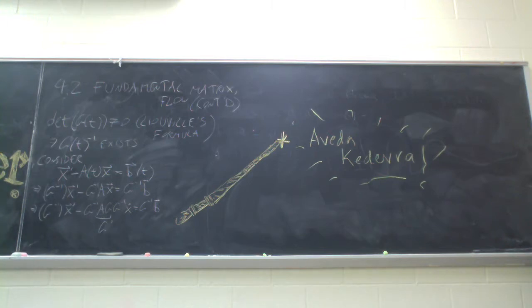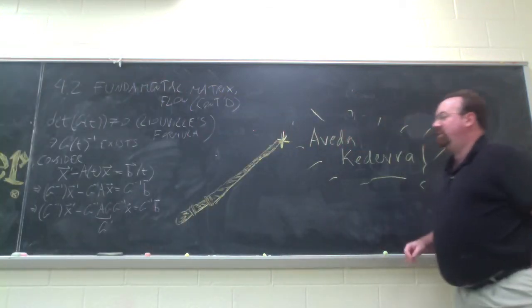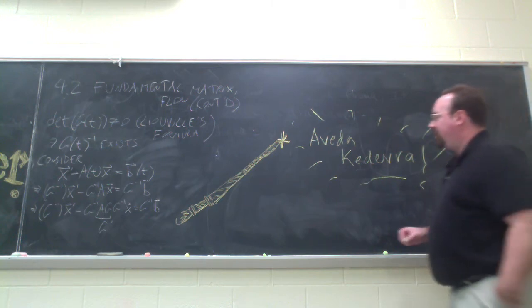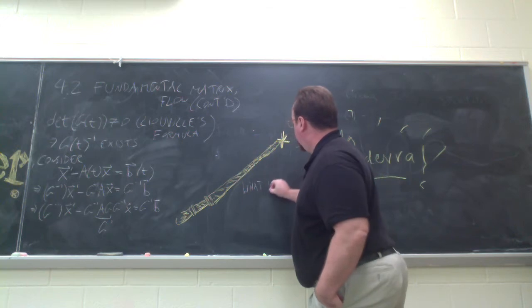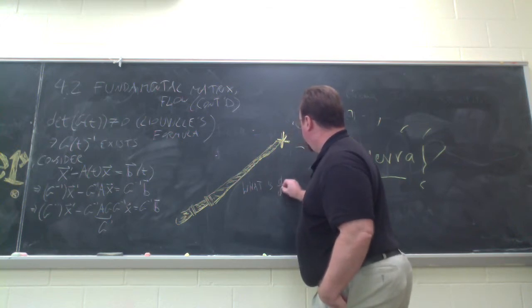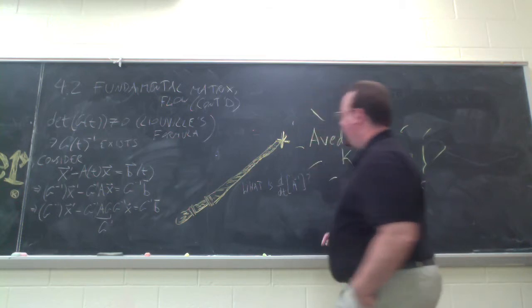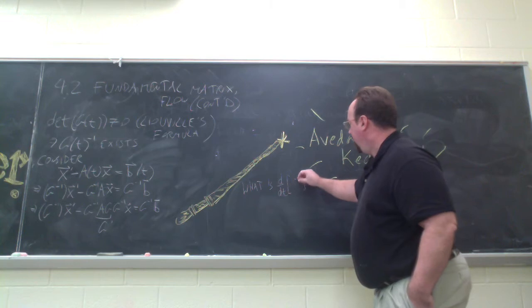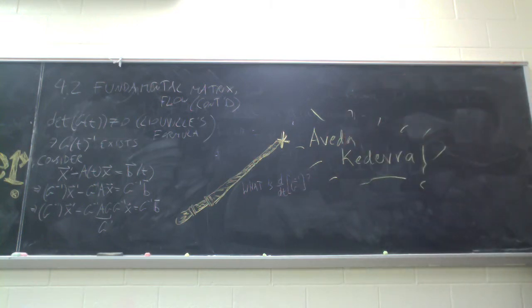Here is a very important formula that's useful in a lot of contexts, and it's going to help us here. What is the derivative of the inverse of a matrix? Actually, we're working with G, so I'll just use that letter.